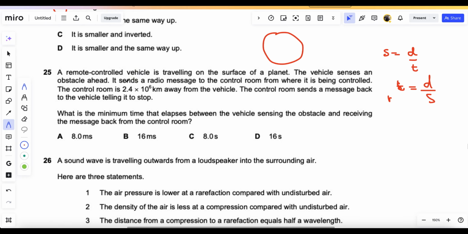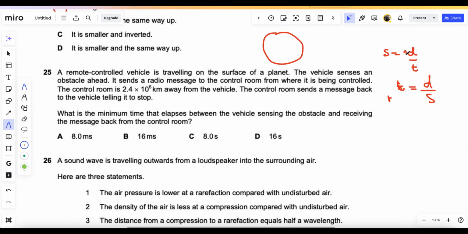It sends a radio message to the control room from where it is being controlled. The control room is 2.4 times 10 to the power 6 kilometers away from the vehicle. The control room sends a message back to the vehicle telling it to stop. That's 2D.